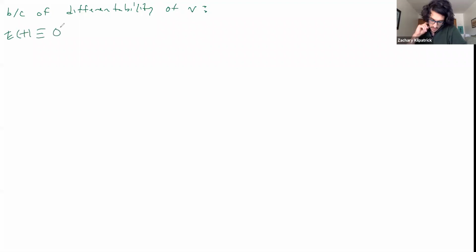Okay. So now, because of differentiability, E of t equivalently 0 essentially implies that v sub x and v sub t are equal to 0.